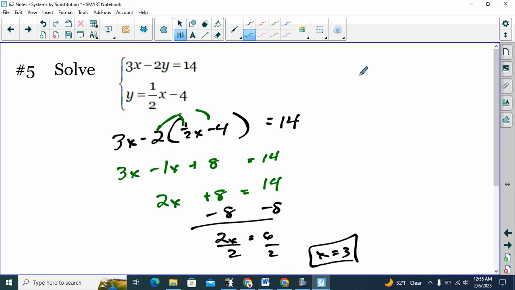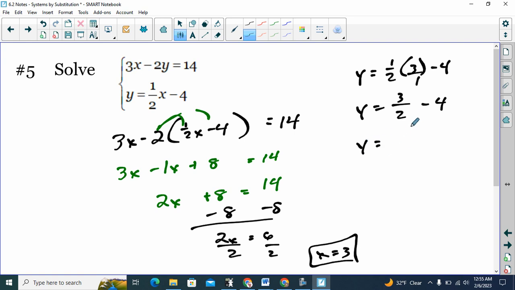Plugging 3 in for my x, I get y equals 1/2 times 3 minus 4. 1/2 times 3. When we multiply fractions, we multiply straight across. 1 times 3 is 3. 2 times 1 is 2. And this is good review here. Subtracting fractions.